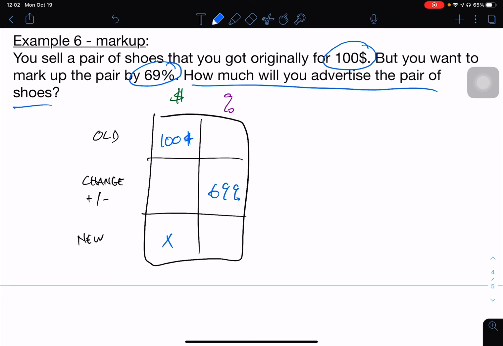Well, this one's relatively easy because of the numbers I use. However, we'll still use the box appropriately. So again, if it's $100, it's 100%, right? And then if you're going to mark them up, you're doing an add, it becomes 169%.